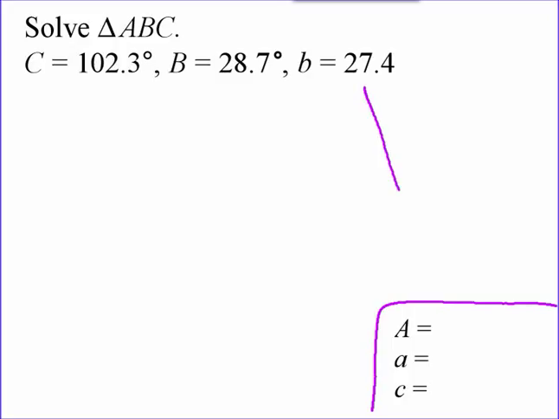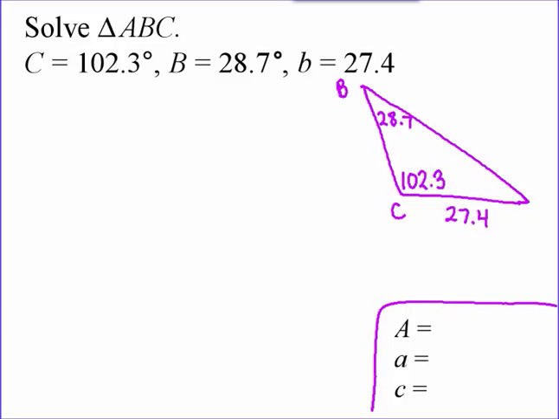Now you may need to draw a triangle, and if you want to, that's fine. You don't have to though, but it might help to visualize things. Here is angle C. Let's just say that this is angle B up here, 28.7, and then side B is 27.4.